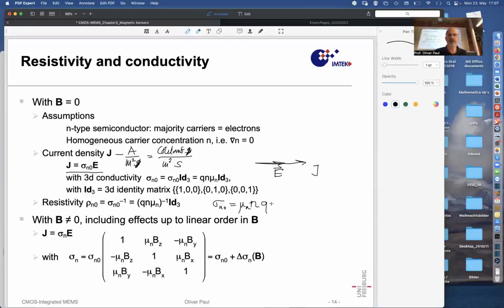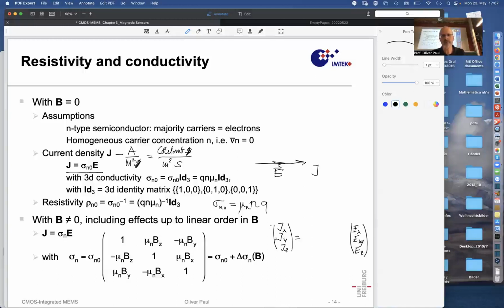So let's look at this again. We have the current density vector, which we call Jx, Jy, Jz in the three directions, and we have here Ex, Ey, and Ez.